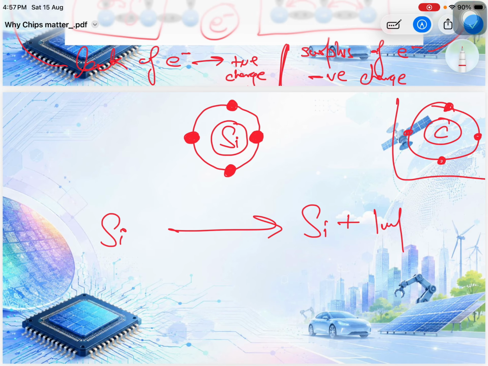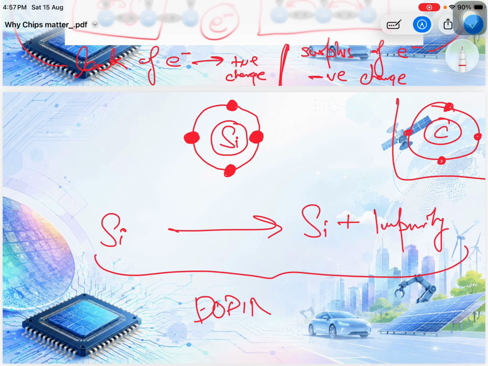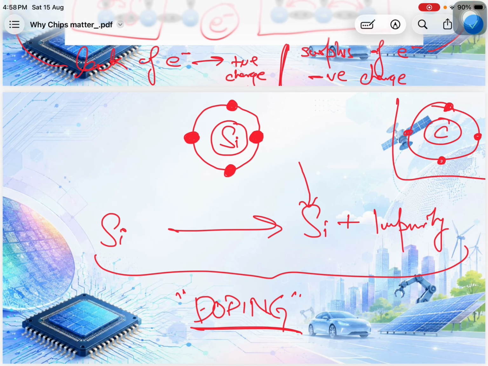This process is known as doping. This is another word which you should know. The process by which we add impurity into the silicon lattice is called doping. And doping again has two forms, N type or P type, which we already discussed earlier.